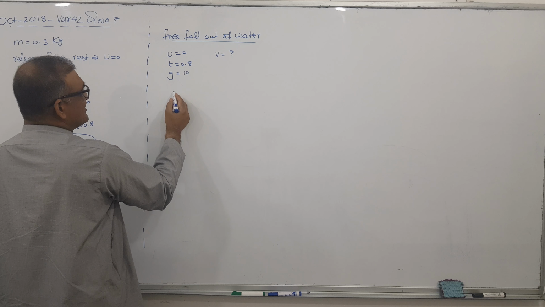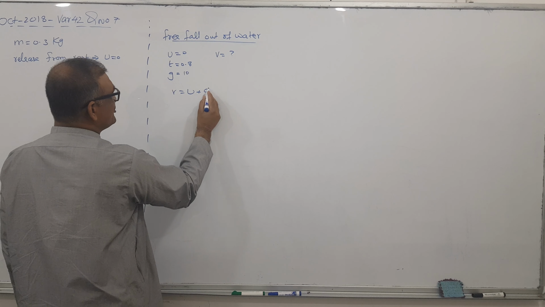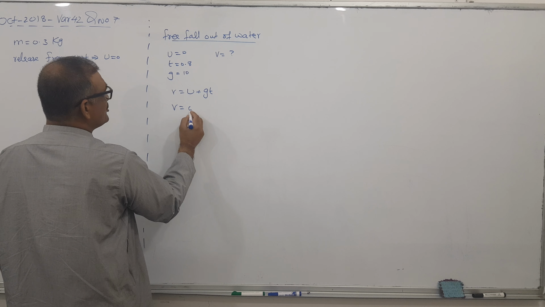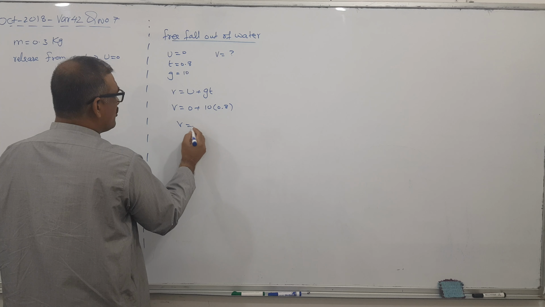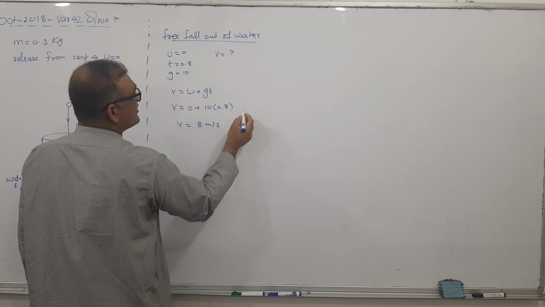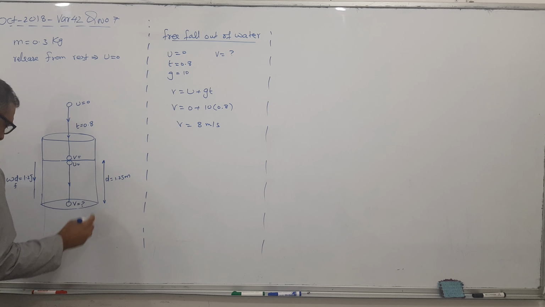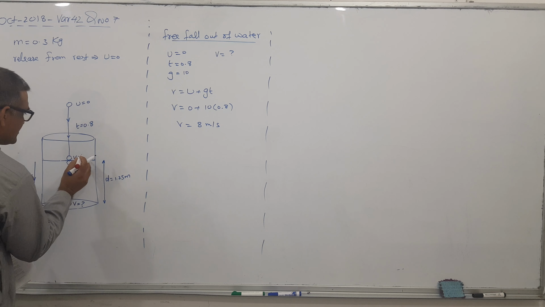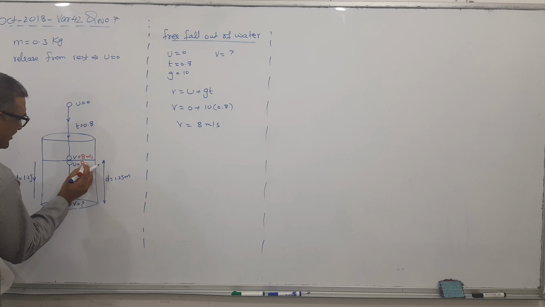So I can say v is equal to u plus gt. With u 0, gravity 10 and 0.8, we get 8 meters per second when it hits the surface. So this is 8 meters per second.